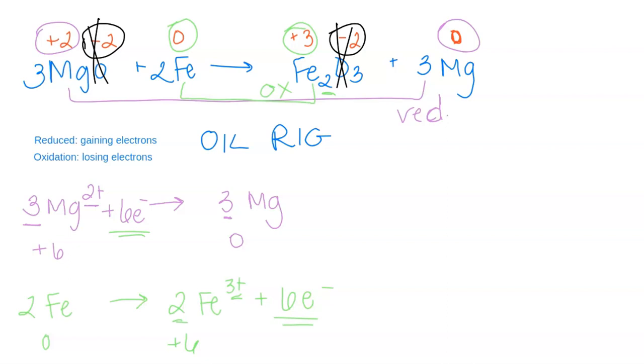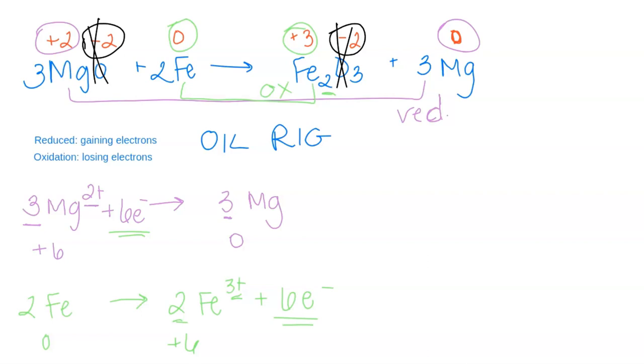So an oxidizing agent, 99.9% of the time, is the substance that is getting reduced. Again, an oxidizing agent is the substance that is helping something get oxidized. And it helps that other substance get oxidized by itself becoming reduced. So the oxidizing agent and the reduced substance are the same.